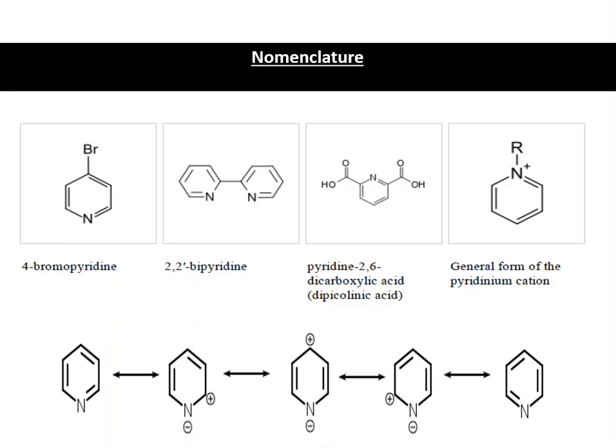So the positive charge will be at 2, 4, and 6. These are the resonance structures. The bond between 2 and 3 comes to the nitrogen, and again there is a shifting of the bond between 3 and 4 to between 2 and 3. So this is the resonating structure of pyridine.